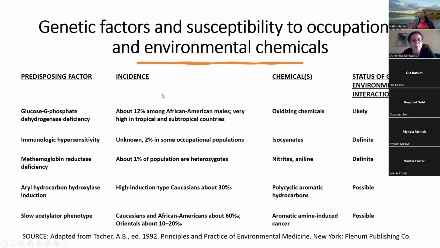There's other conditions such as methemoglobin reductase deficiency, which is about 1% of the population, and this predisposes to increased susceptibility to nitrites, and other genetic factors like slow acetylator phenotypes, which is fairly common, and this increases susceptibility to aromatic amine-induced cancers. Again, these are just some examples, and of course, this is not an exhaustive list, and there's probably a lot more that we don't know about. Next slide, please.